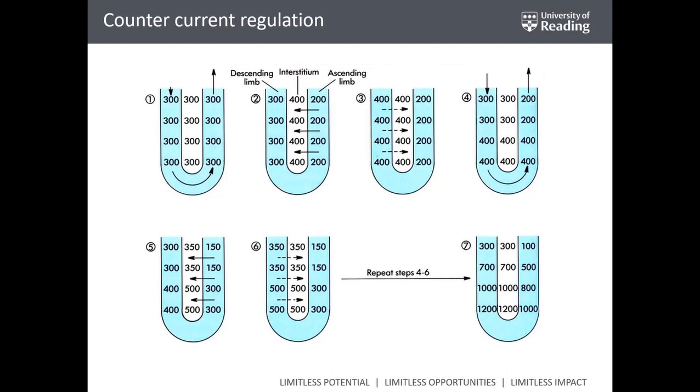And then the steps between 4 and 6 occur until the system reaches its saturation. And the saturation level is, this is a very important value to remember, 1,200 milliosmoles per liter. This is how the countercurrent regulation works.